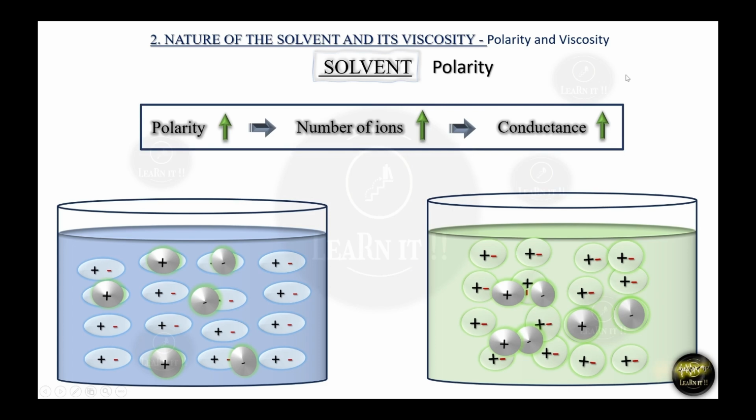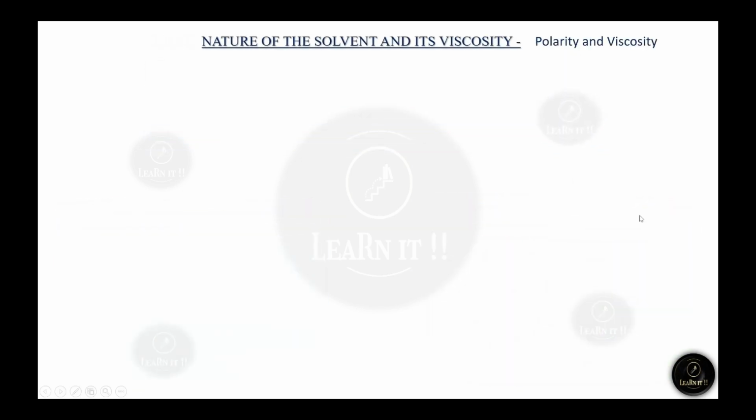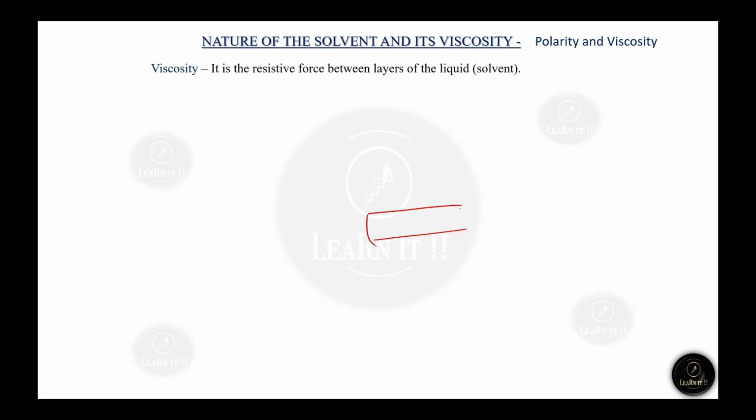Let's look at viscosity. So we need to know what viscosity is. Viscosity is a resistive force between the layers of the solvent. If we consider a liquid and imagine that there are many layers within the liquid, between one layer and another layer there is friction.